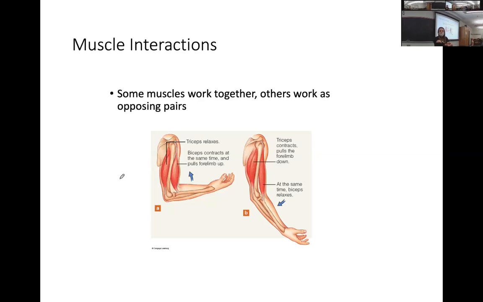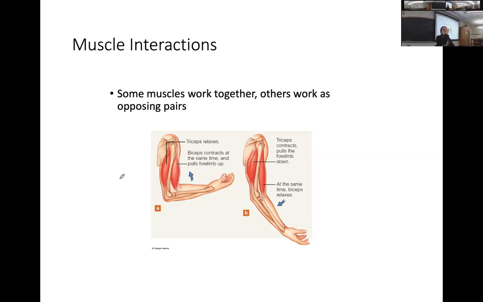What's happening here is the bicep contracts and pulls that forearm up. So this muscle is shortening on the top. The tricep contracts on the bottom here to pull that forearm back down. So now my tricep is contracting. On the way up, if you feel your bicep, on the way down, you can feel your tricep.